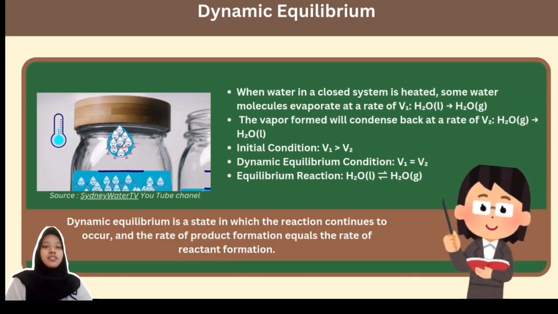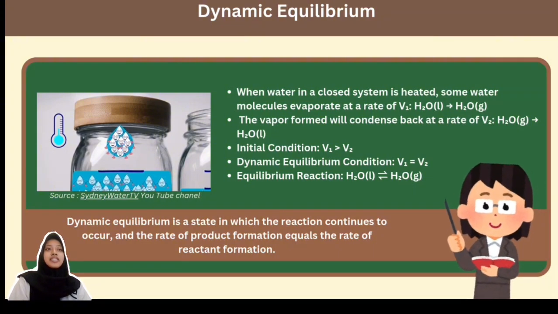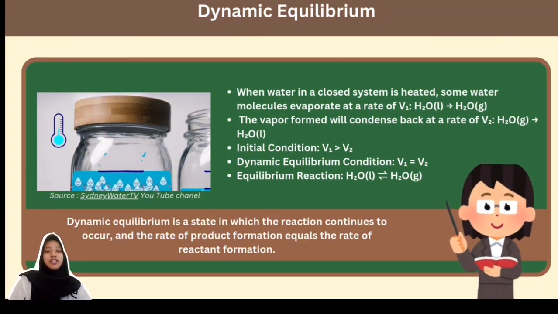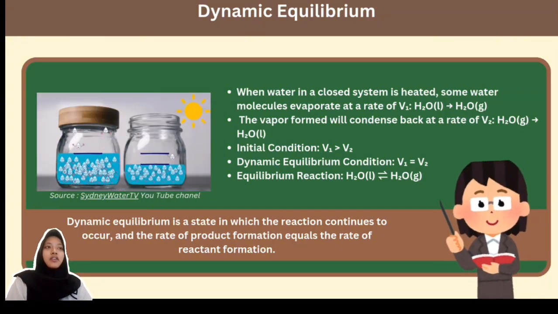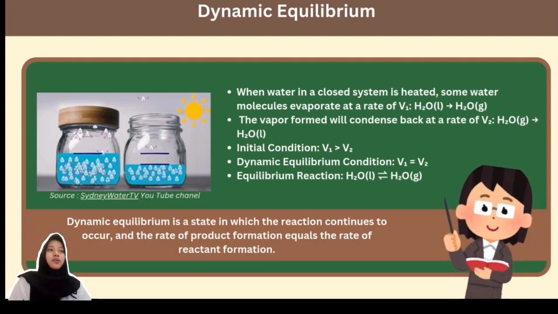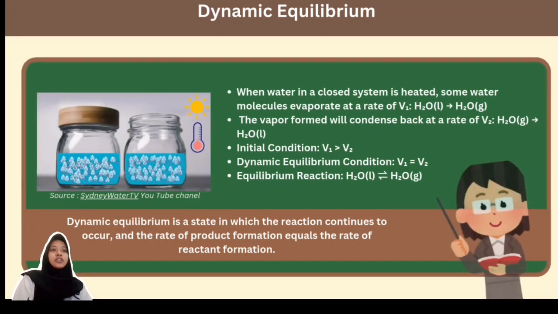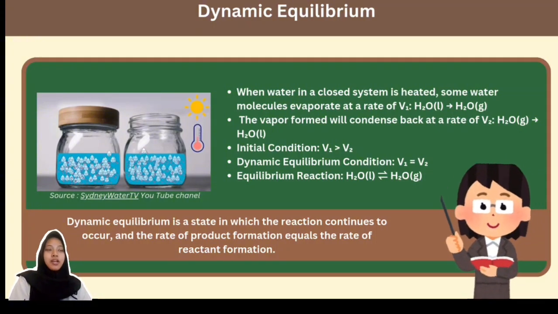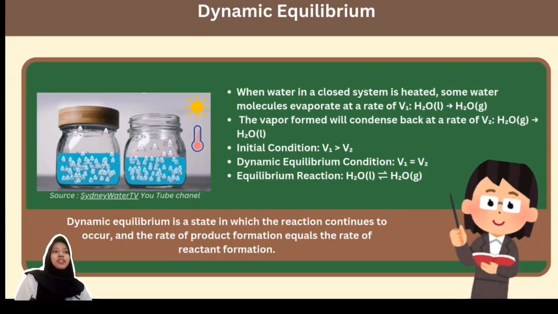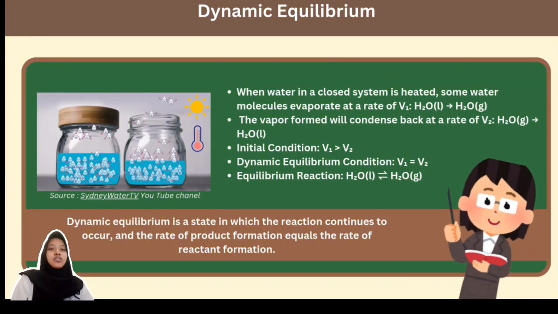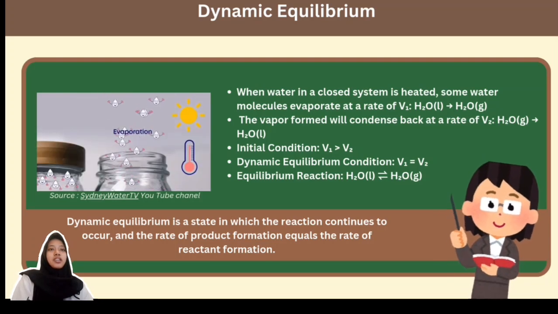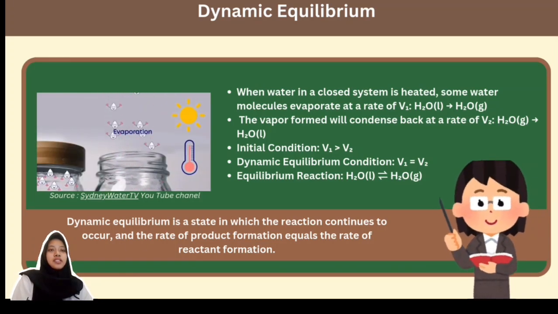Initially, the evaporation rate, or V1, is higher than the condensation rate, or V2. After reaching a certain point, the rates become equal. This state is called dynamic equilibrium, represented by a double-headed arrow, H2O liquid and H2O gas.